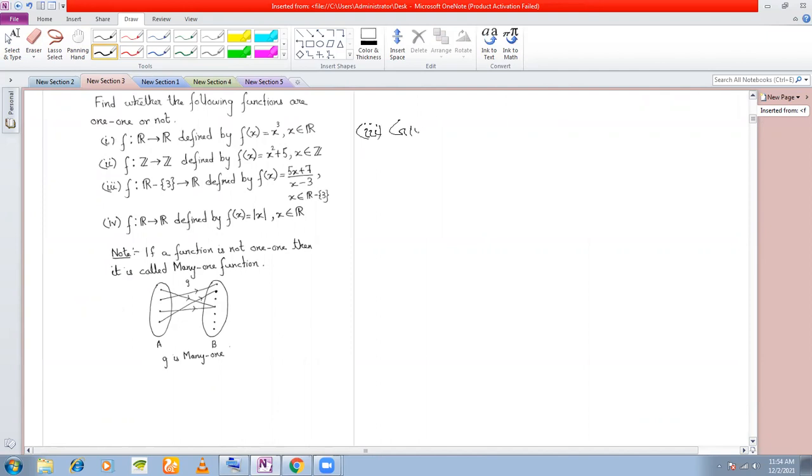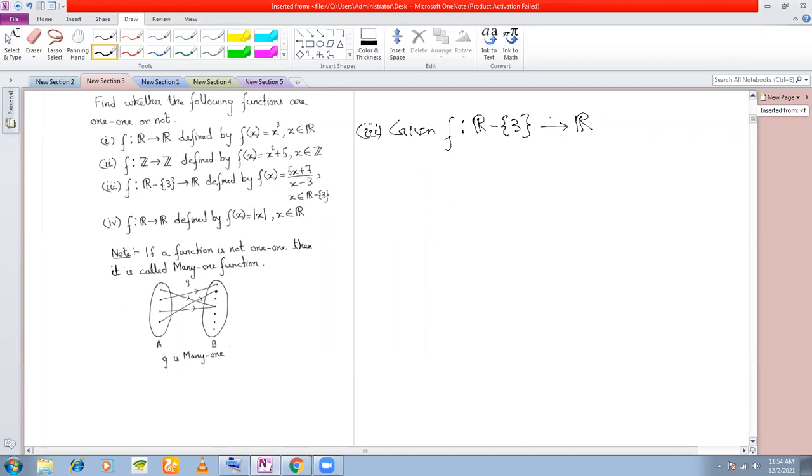Given here, f from R minus the singleton set {3}, that is, from all the real numbers you remove the set {3}, that is all the real numbers except 3, to the set R. So the set A here is all the real numbers except 3.